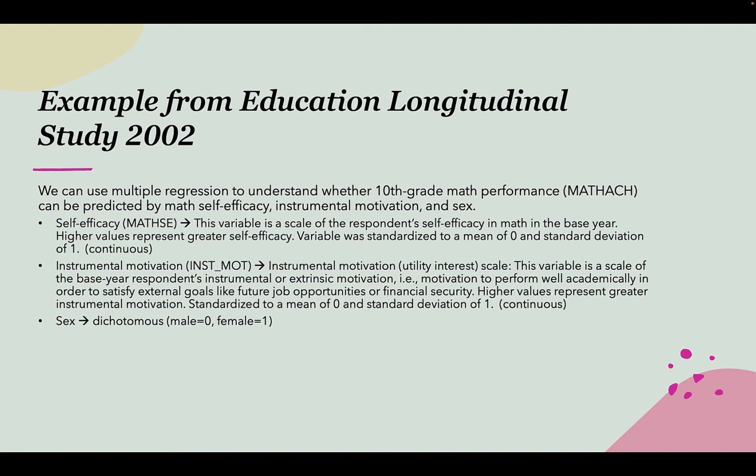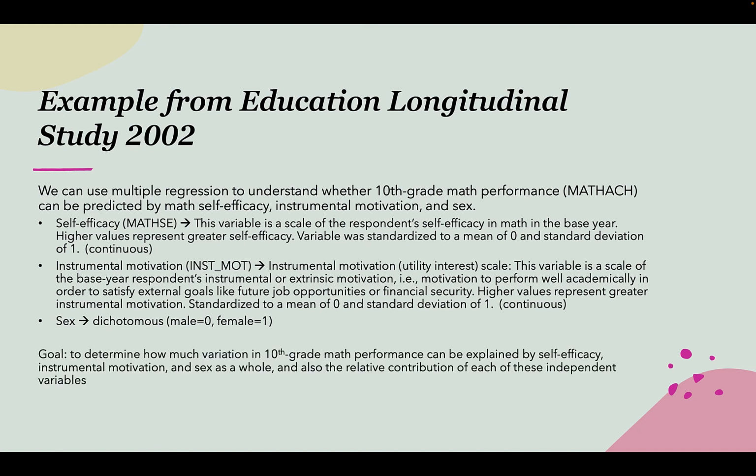The same with instrumental motivation, which is also thought of as utility and interest put together: motivation to perform well academically in order to satisfy external goals like future job opportunities or financial security. It is also standardized to a mean of 0 and a standard deviation of 1. And sex in this data set is dichotomous, where male is 0 and female is 1.